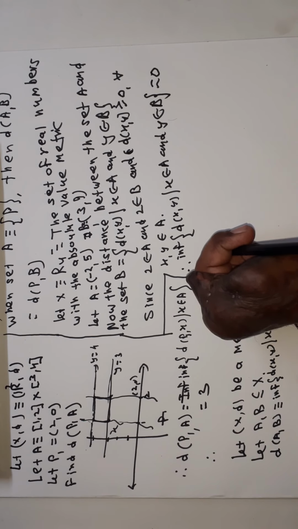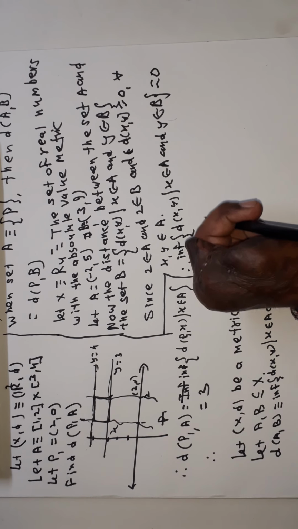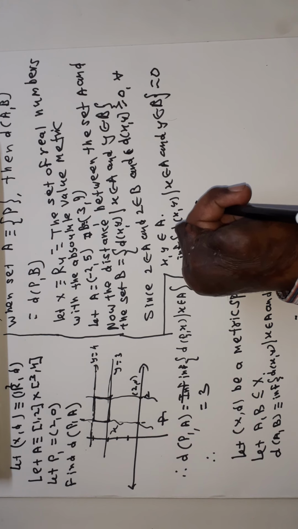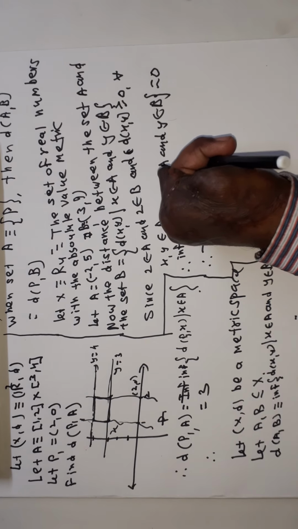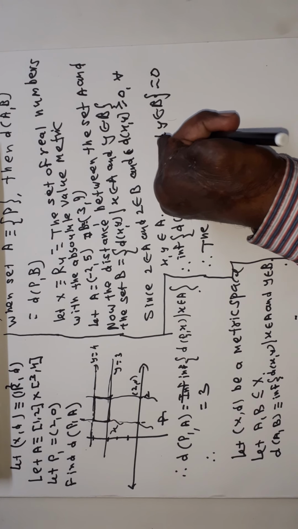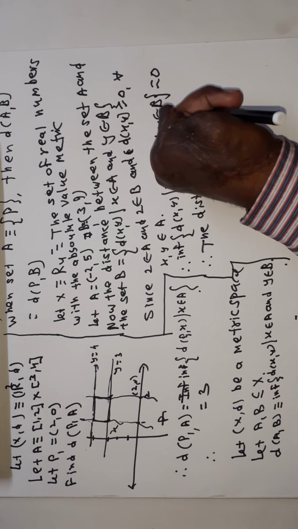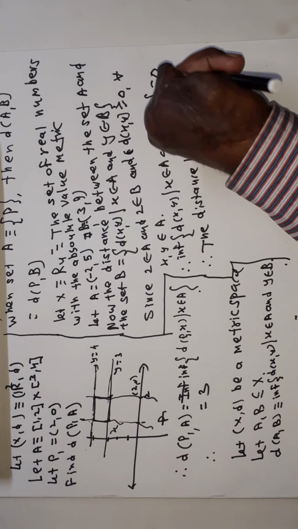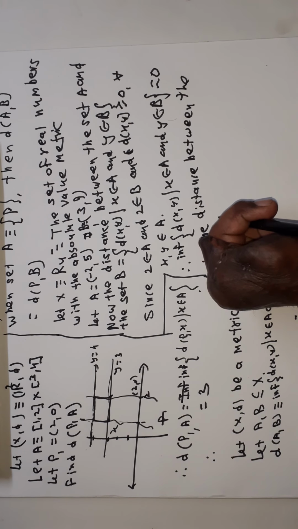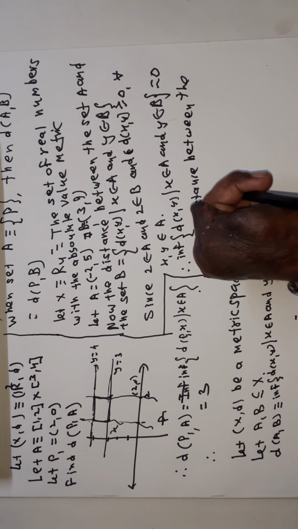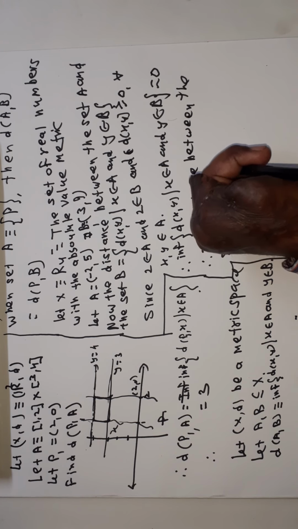Therefore, the distance between the set A and B is equal to 0.